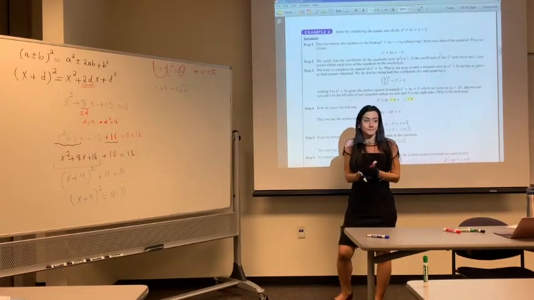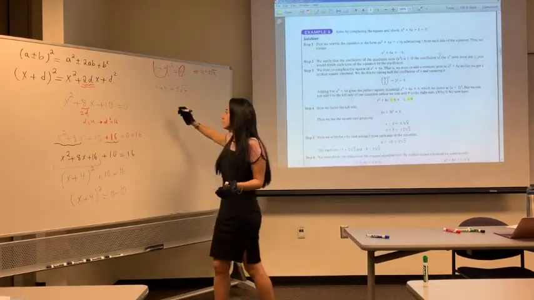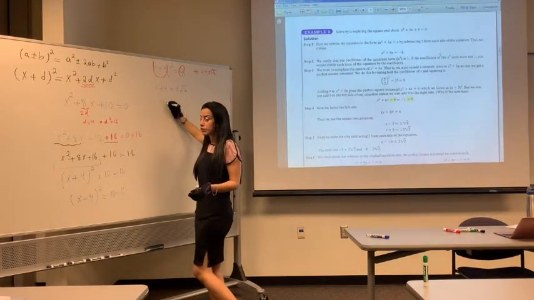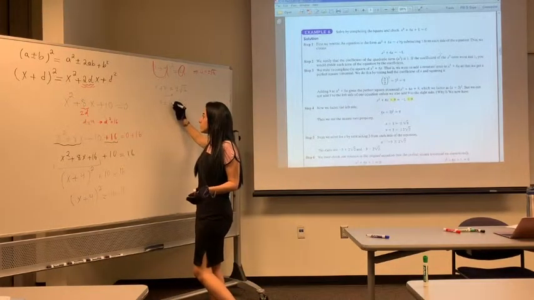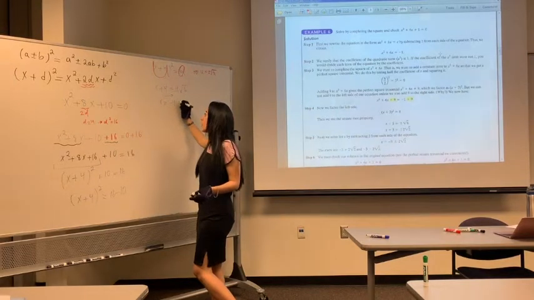Correct? x is equal to 4 goes to the other side, becomes negative 4 plus and minus radical 6.